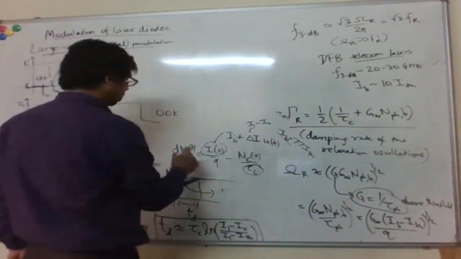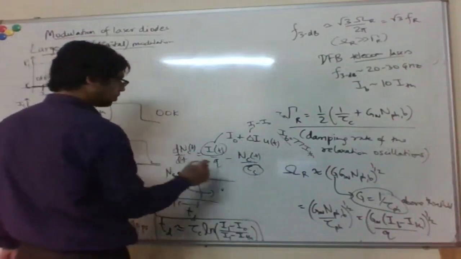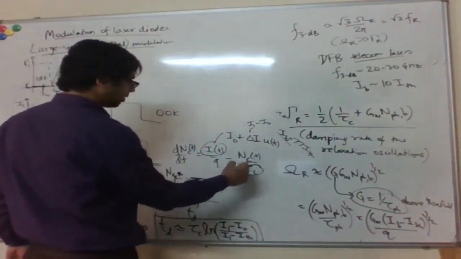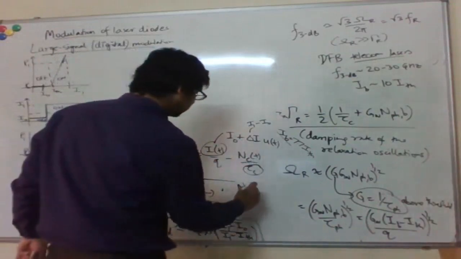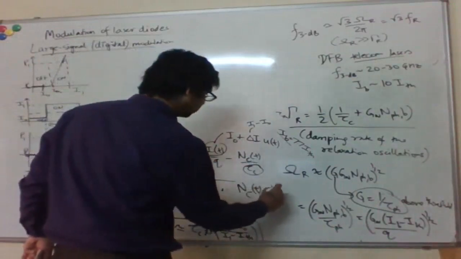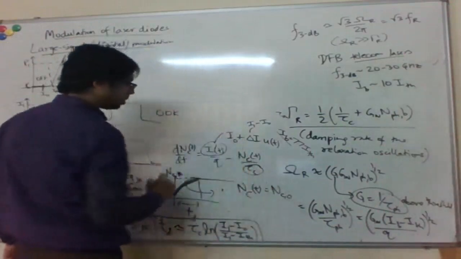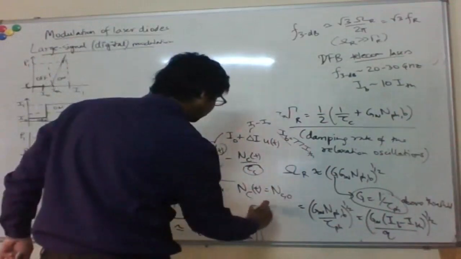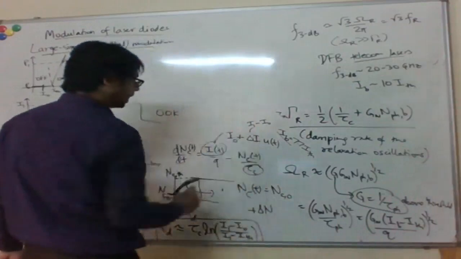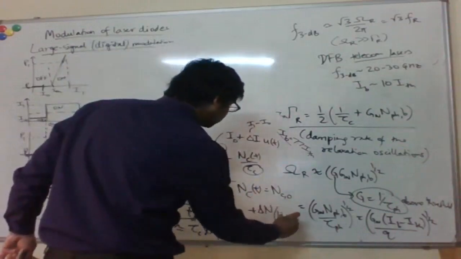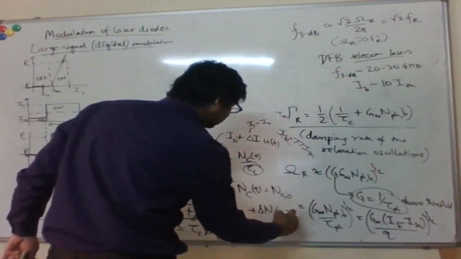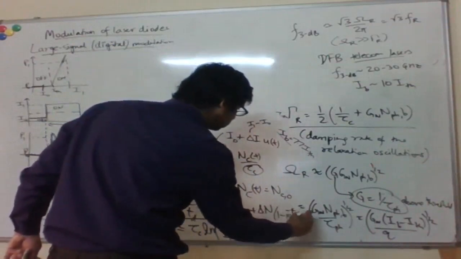Then you solve for NC of t. Because you have this NC over tau c term, NC of t will go as some NC0, which corresponds to I0, plus some delta n, which will be proportional to this delta I, times this exponential rise that you get, 1 minus e to the minus t over tau.